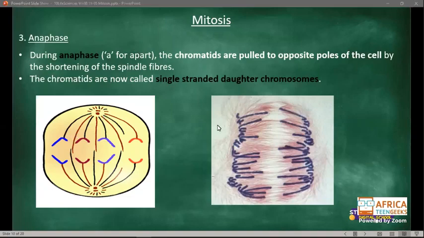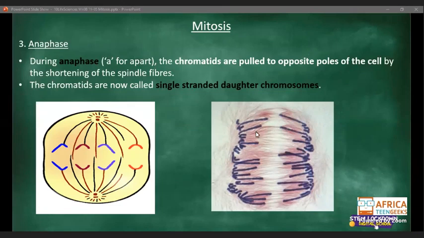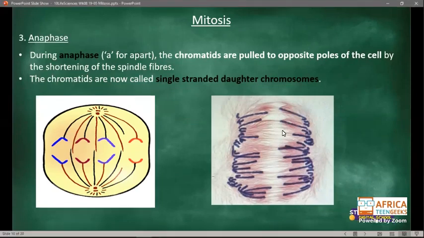And the process is also the same for plant cells, as you can see on this diagram here. Spindle fibers are becoming short as the chromatids are pulled towards the poles. So that is anaphase.